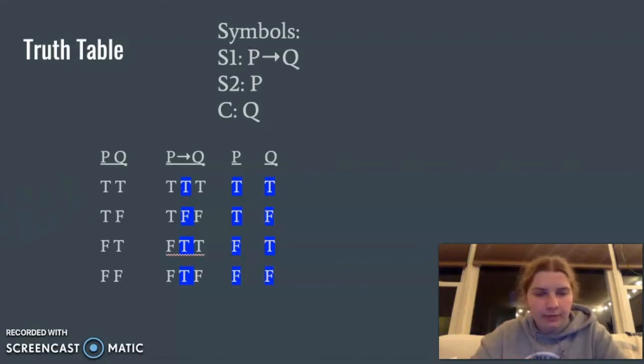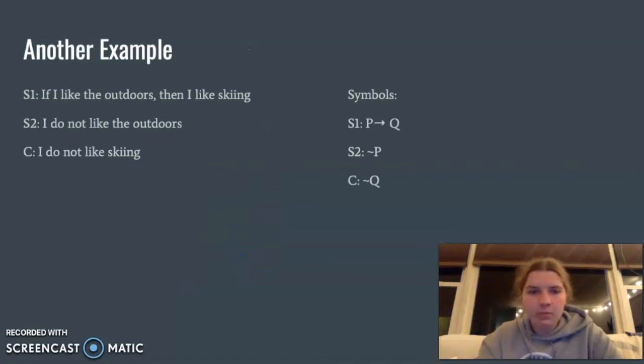Now I have another example. If I like the outdoors, then I like skiing. My S2 is, I do not like the outdoors, and the conclusion is I do not like skiing. So S1, if P, then Q, is an if-then statement, so we have another conditional.